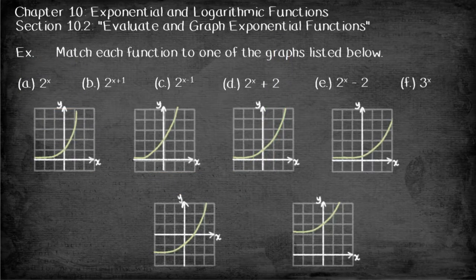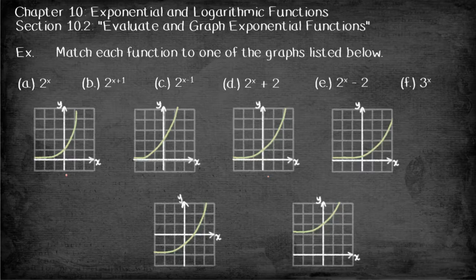All right, so let's see if we can't use our sleuthing abilities to identify which graph is which. Letter A is 2 to the x. Now, I know that 2 to the x at 0 is supposed to equal 1. So the only graphs that equal 1 at 0 would be this guy and this one.